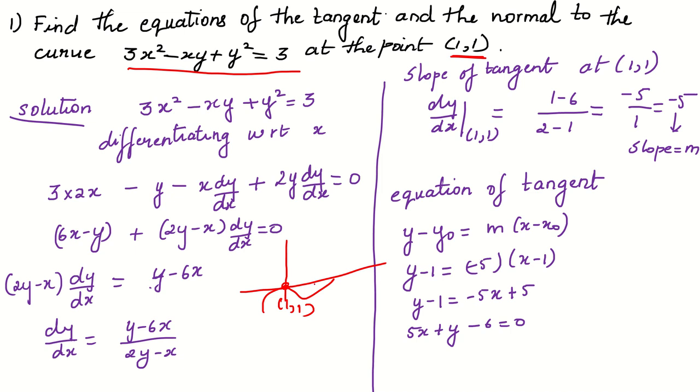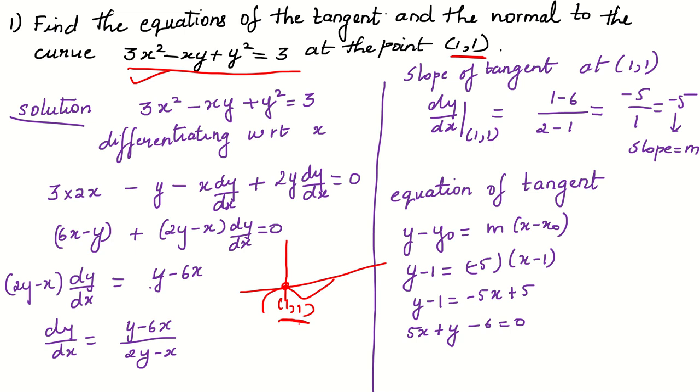So what we know to do is, we know to find the slope of the tangent with the help of this curve. By finding dy by dx, we'll get the slope of the tangent. With that slope and 1 point on the tangent, I will be able to find the equation of the tangent.